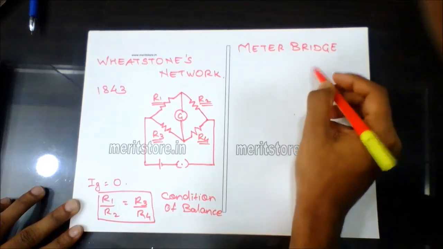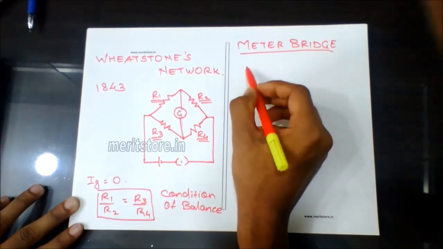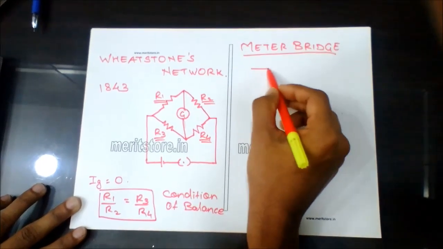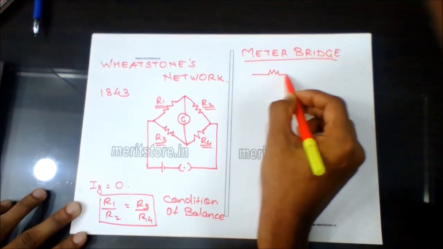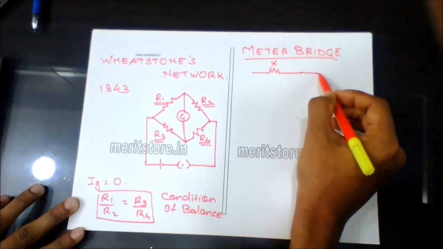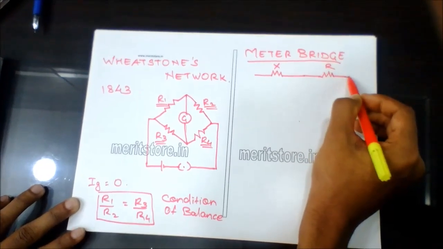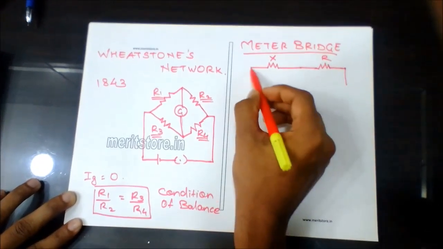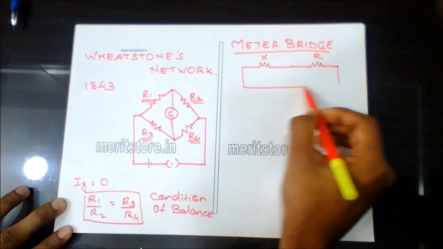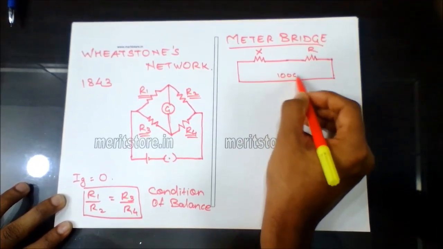Based on this principle and this governing formula, a method known as meter bridge is developed for practically finding out the unknown resistance X using a known resistance R and a wire of 1 meter length or 100 centimeters.